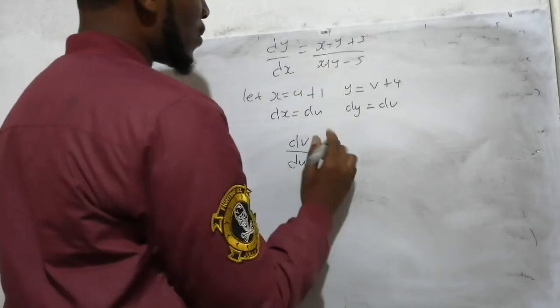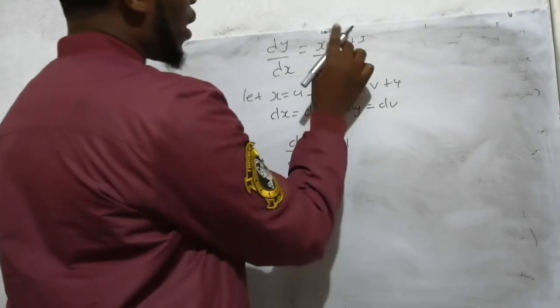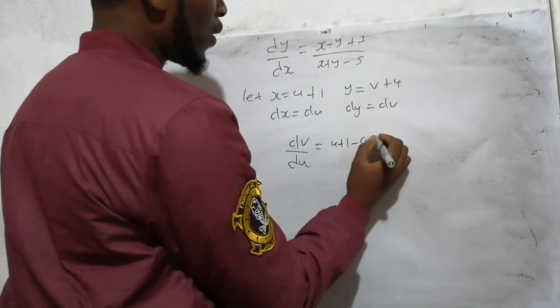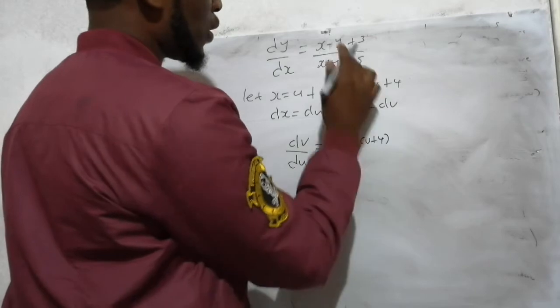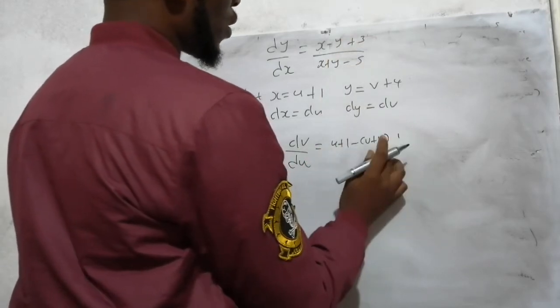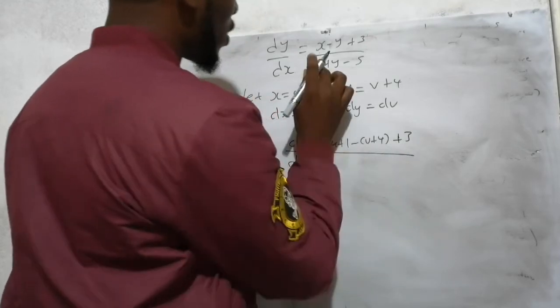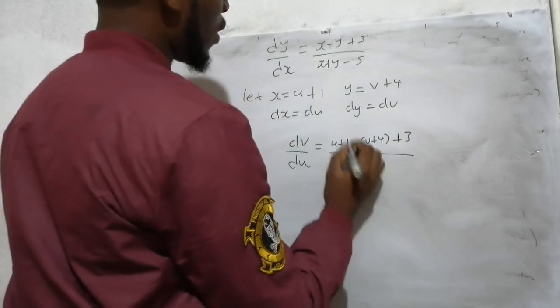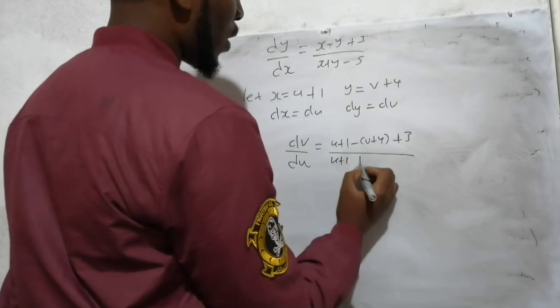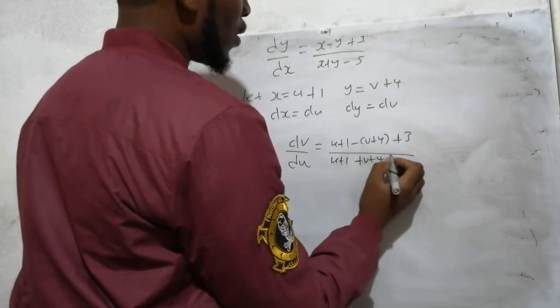In place of x, we're going to put u plus 1, and in place of y we put v plus 4 plus 3, and then I'll also do the same thing. In place of x you put u plus 1, replace y with v plus 4 minus 5.